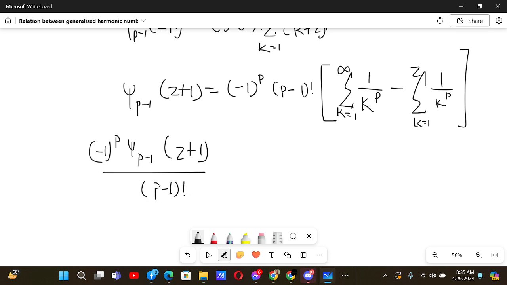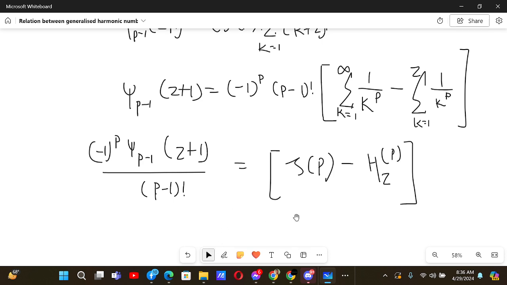And over here we know that this sum is just the Riemann zeta of p, and this one is just the harmonic number of order p. Since it goes up to z, this is just the zth harmonic number of order p.